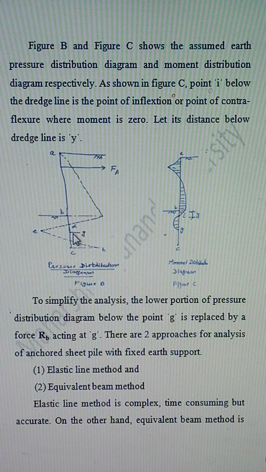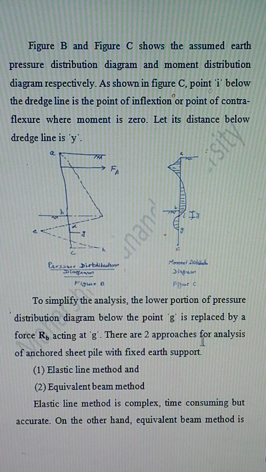As there is no deflection beyond point G, GC is replaced by a reaction R to simplify the pressure distribution diagram. In the moment distribution diagram, below the dredge line the bending moment is 0 at point I, and this point is called the point of inflection or point of contraflexure.